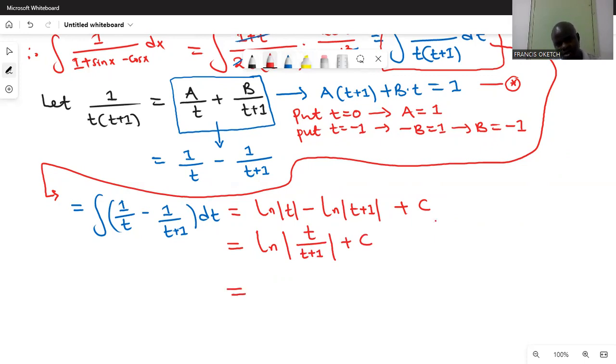So this can also be written as natural log of tan x over 2 divided by 1 plus tan x over 2, then plus a constant C of integration. So that is our answer of that kind of integral. It is very simple. And remember that when you are evaluating integrals where you are not given the limits of integration, you must add the constant C of integration.